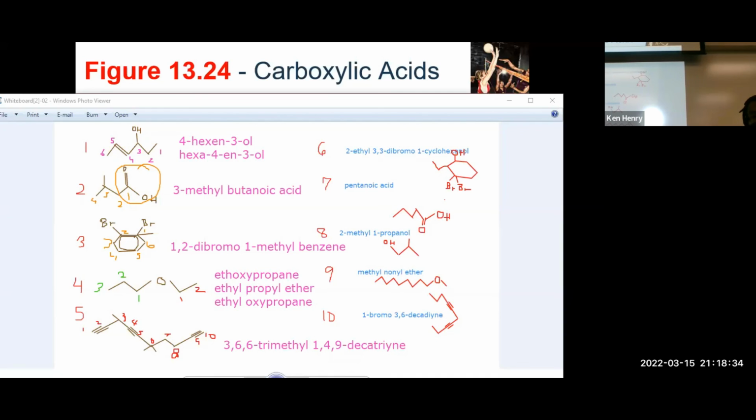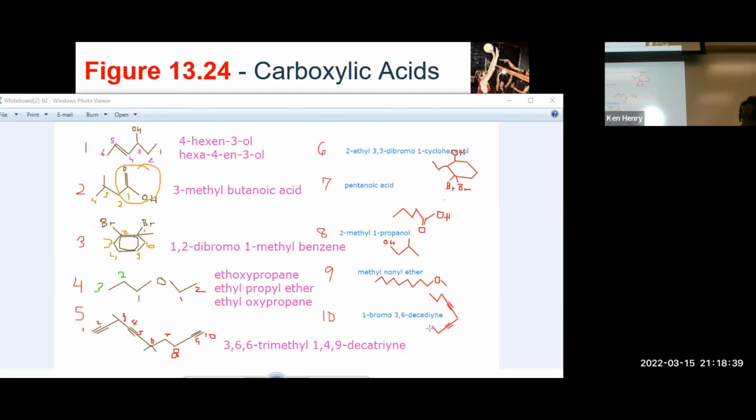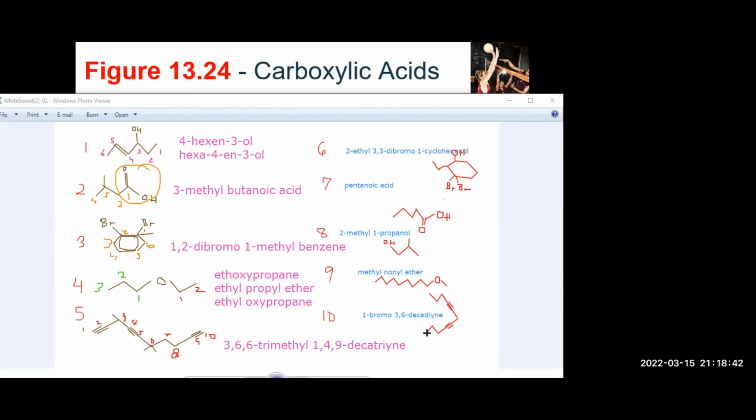Anything else? A bromine on 1. Bromine on the first carbon.